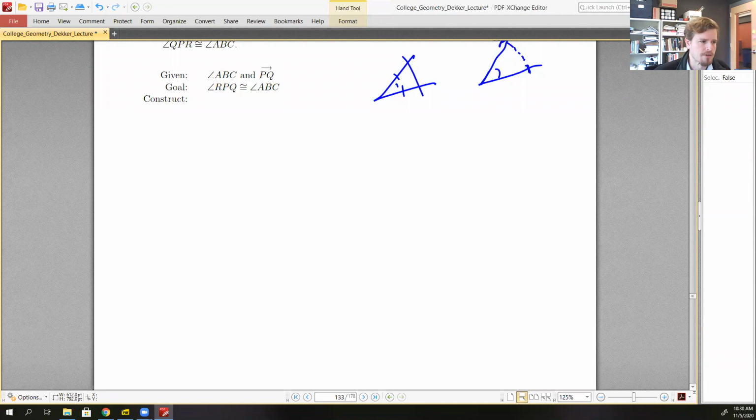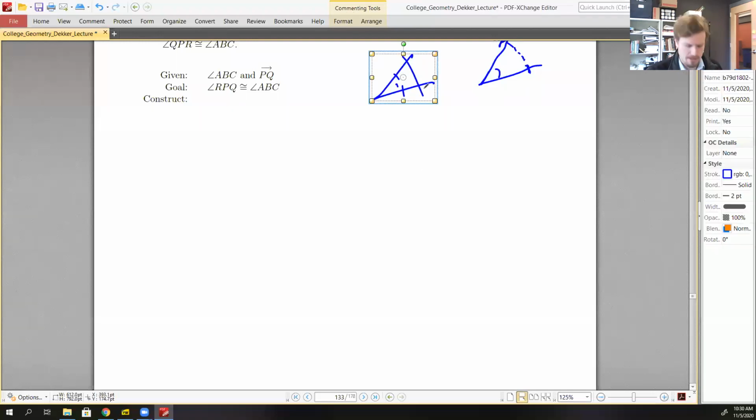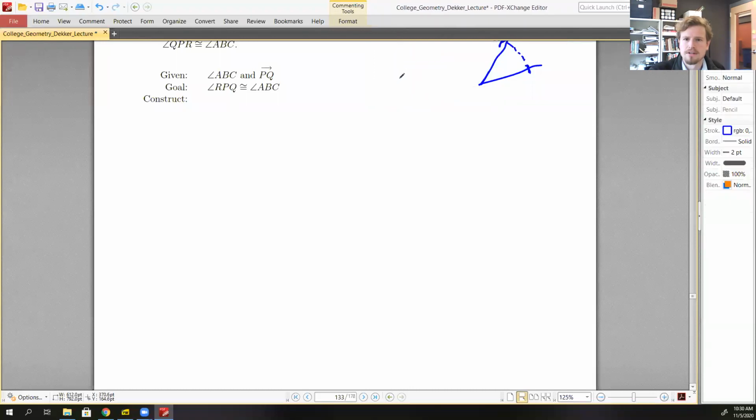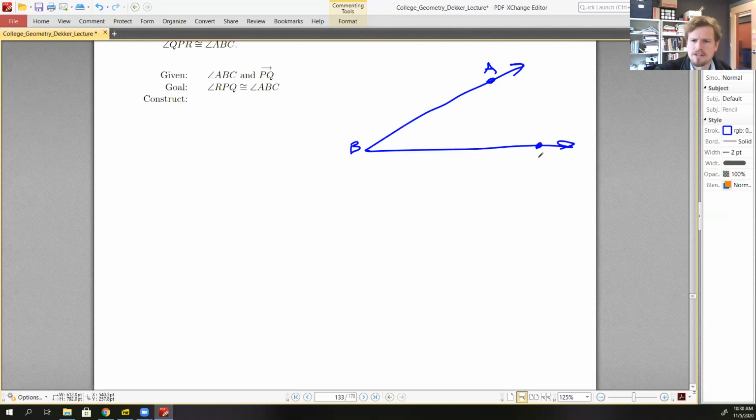So let's take a look at the steps in the construction. Actually, we're going to do them at the same time. So let's get rid of these guys. Do it faster this way. There we go. And let's say we have some angle, A, B, C, that I want to copy, but I'm also given the line PQ.